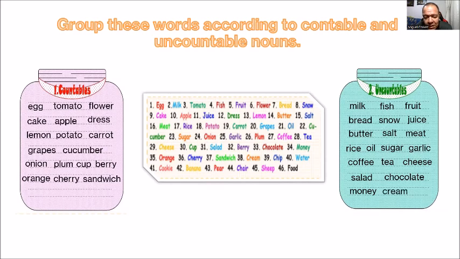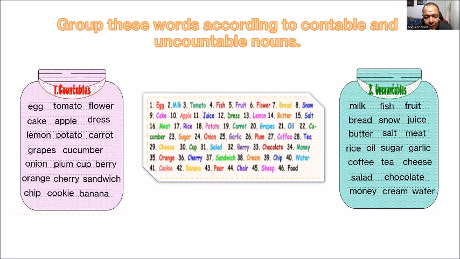Number 39, cheap, countable. Number 40, water, uncountable. Number 41, cookie, countable. Number 42, banana, countable.